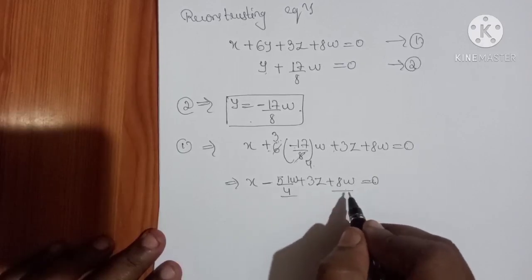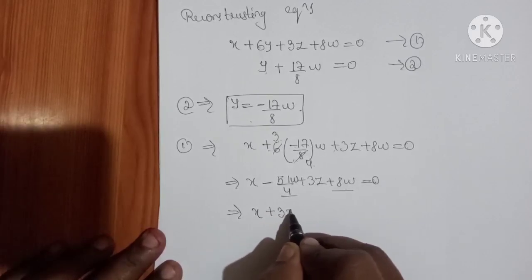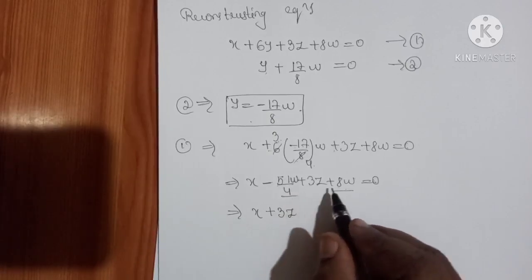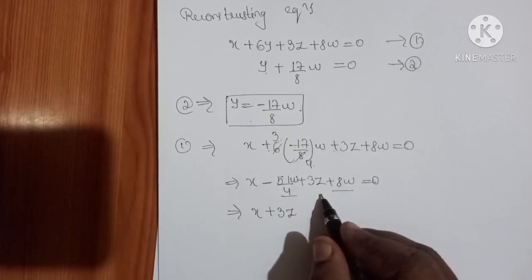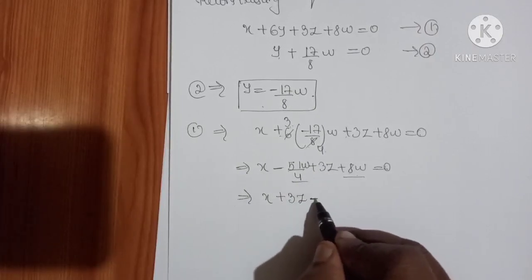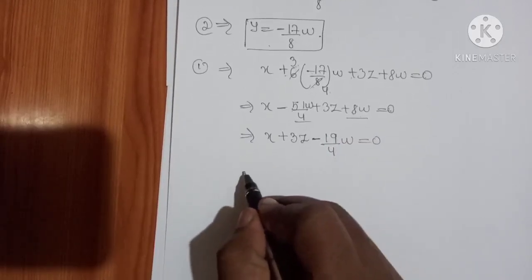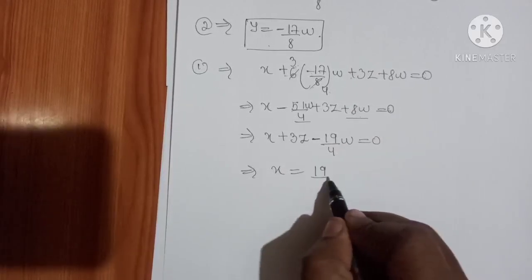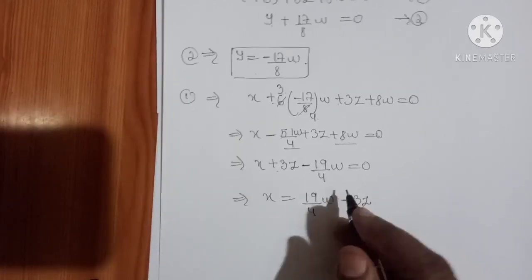Simplifying these two, we get x plus 3z, and taking LCM 4, 8 into 4 equals 32, minus 51 plus 32, so simplifying, we get minus 19 divided by 4 omega equals 0. Further we can write it as x equals, sending this to the RHS, 19 divided by 4 omega minus 3z.